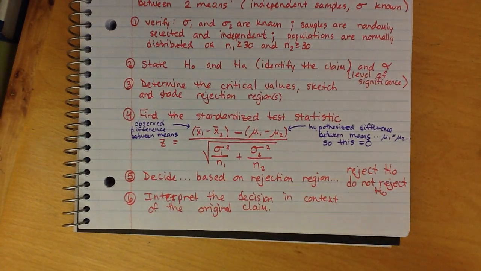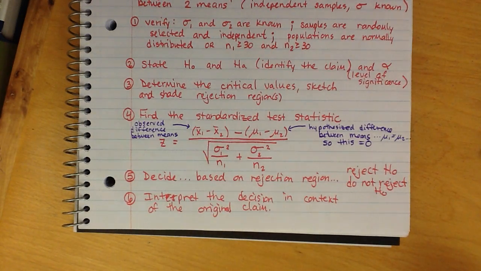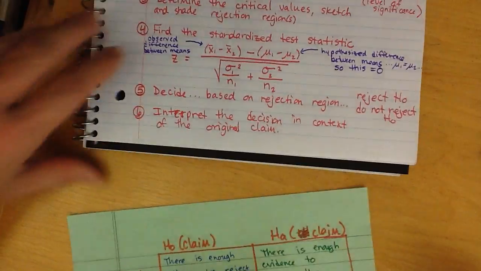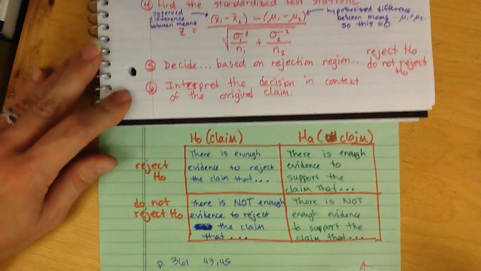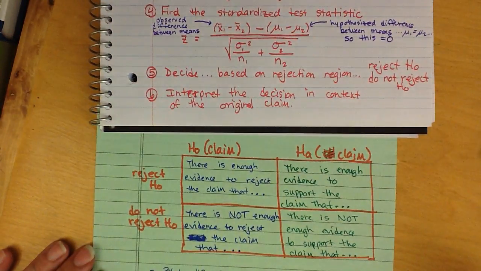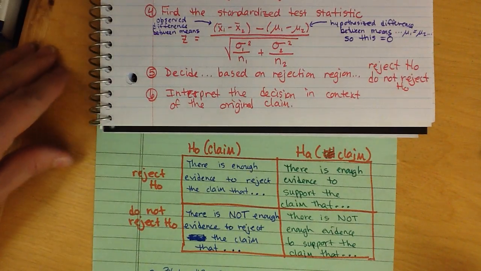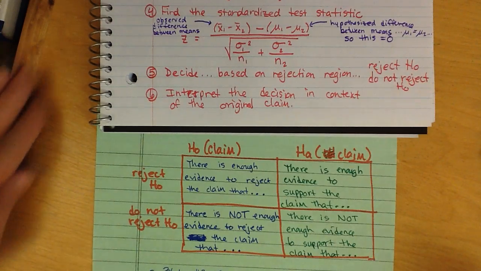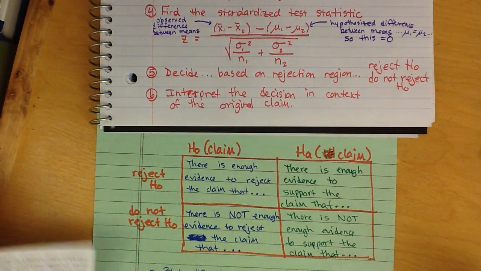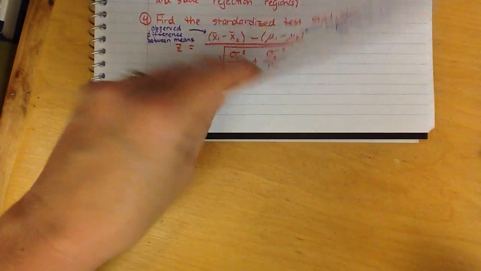And that goes with that table that we used in 7.1, where it depends on which one is your claim. I'll get that right here. There's our interpretation chart. So if you want to pause that and recopy it, you certainly may. But I am going to move on and do an example going through all those steps.